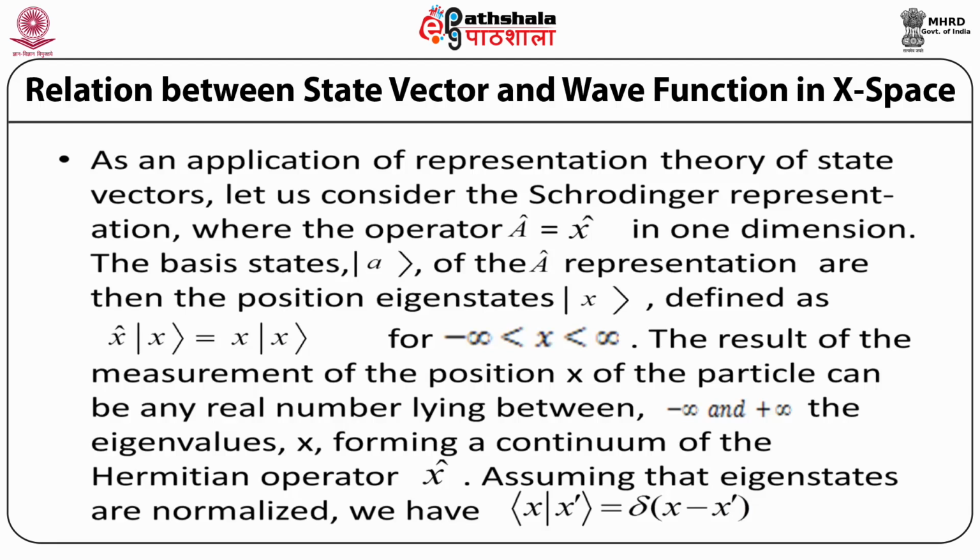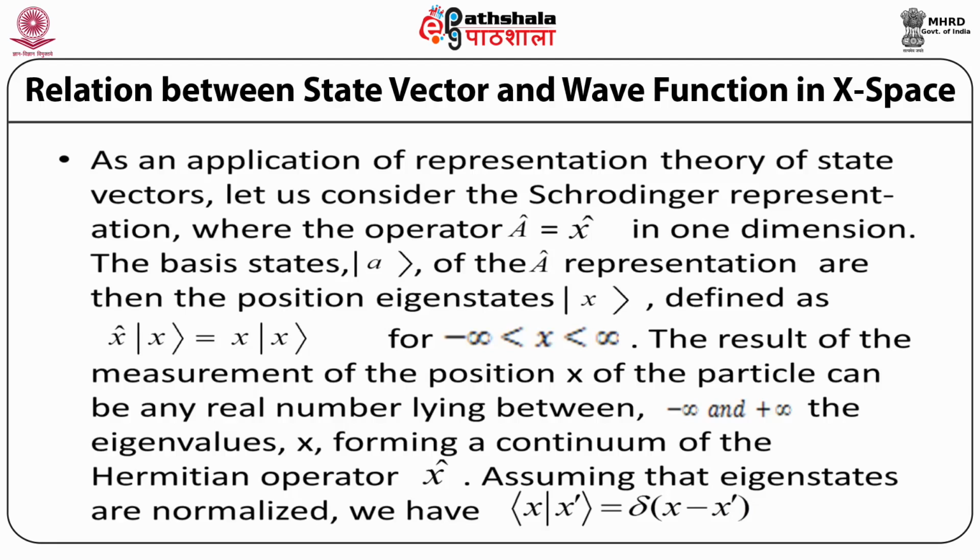position operator X can be defined as the position operator X acting on the ket vector X is equal to the eigenvalue x times the ket vector X, for all x lying from minus infinity to plus infinity. That is, for a one-dimensional coordinate going from minus infinity to plus infinity.